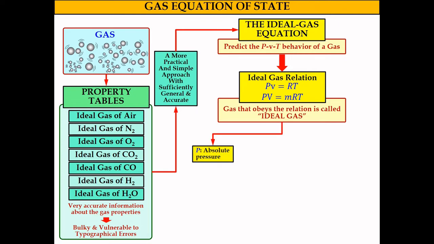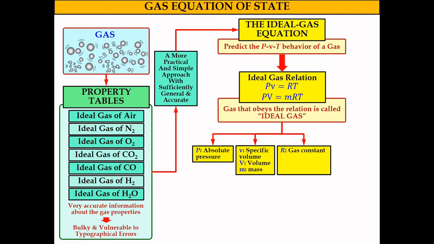In terms of the parameters inside the equation, P is the absolute pressure, small v is specific volume, capital V is volume, and small m is mass.